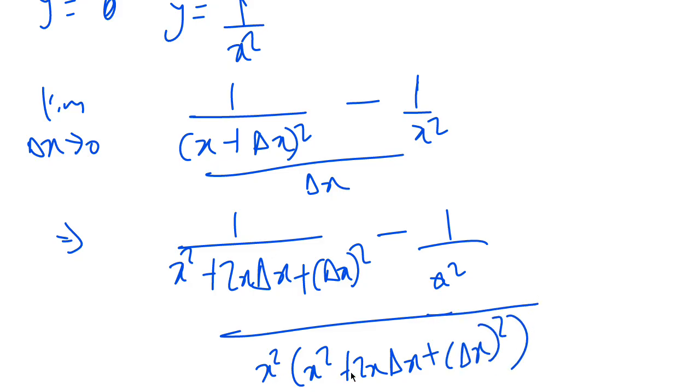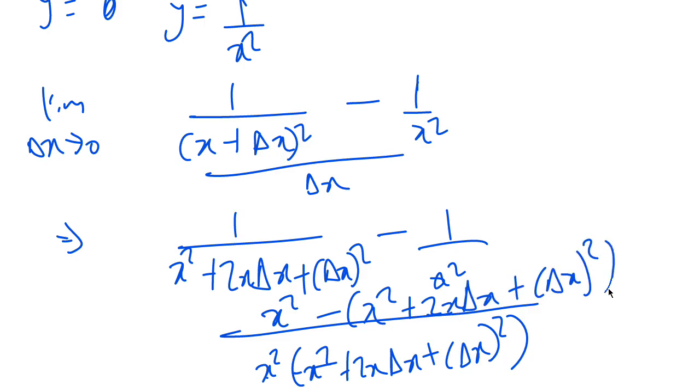So if this whole denominator, this LCM, divides this, we're going to be left with x squared, and then minus this going into this, we'll be left with minus x squared plus 2x change in x plus change in x all squared. I hope you grab that.